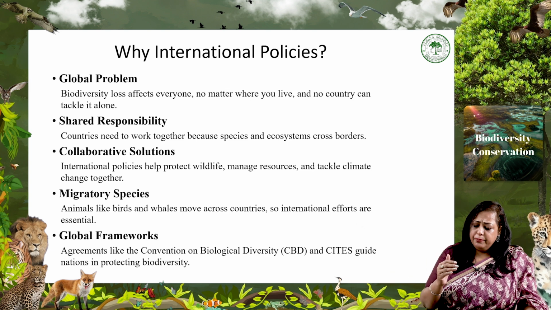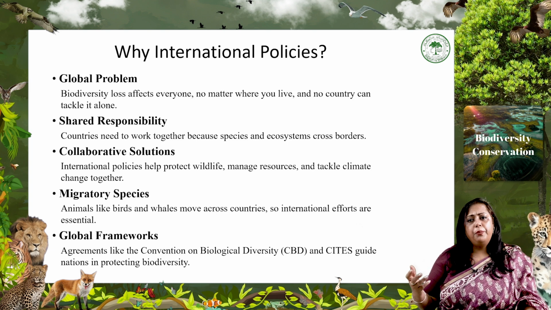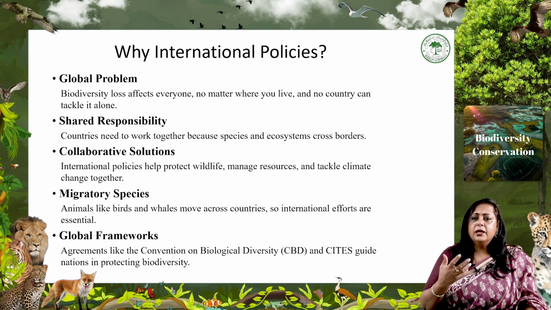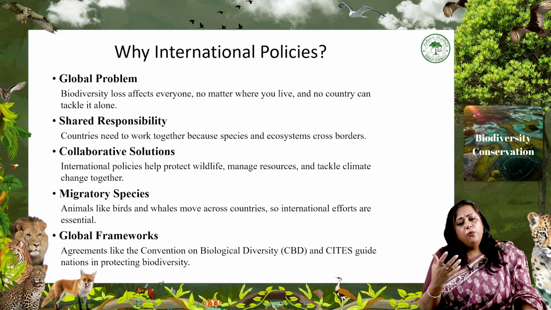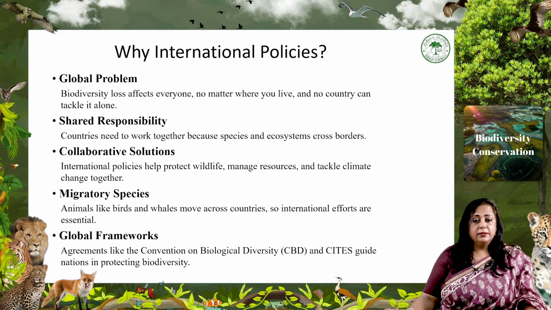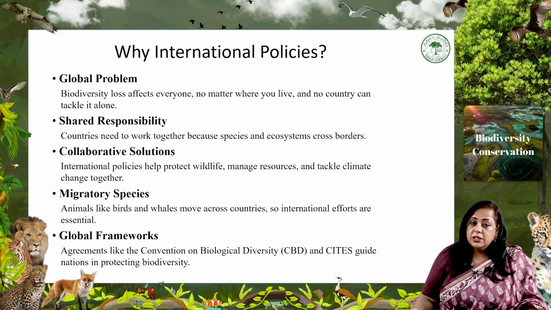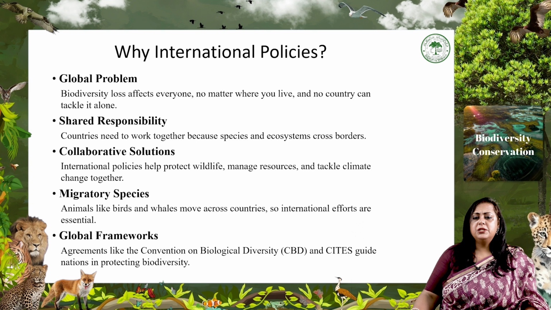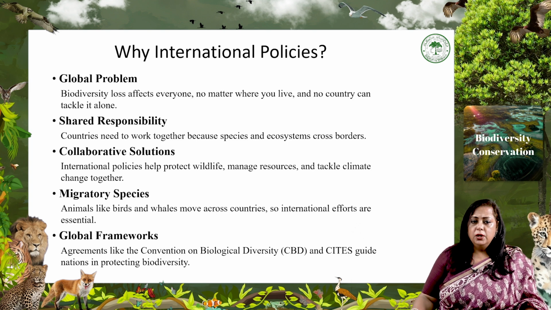If the animal has to move from India to Pakistan, they will. They don't know the political boundary. It's for human beings, not for the animals. So there are overlapping ecological issues which we have to address. So it is a shared responsibility.